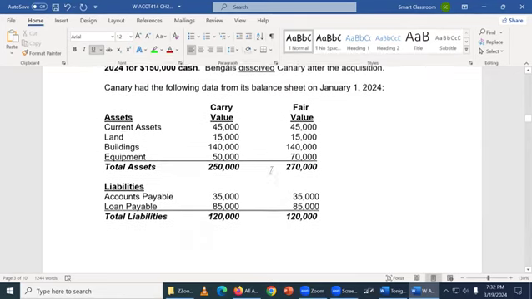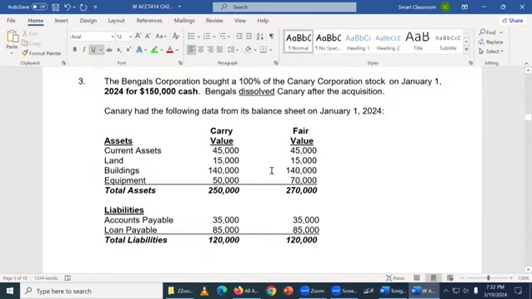Okay, so this is what they bought, and let's see what they get. So they paid 150,000, the fair value.